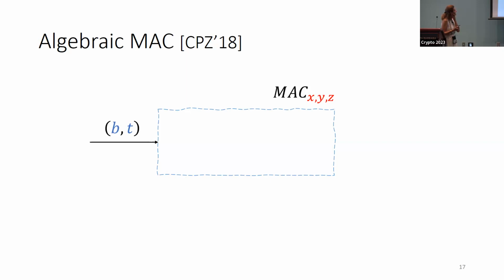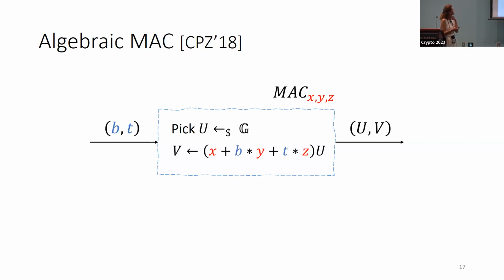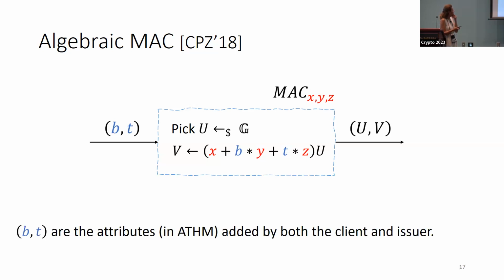The MAC is going to have a triplet of secret keys, X, Y, Z, and the input to the MAC is, let's say, B and T. The algorithm just picks a random group element and then multiplies this group element with the scalar here, which is computed with the secret key of the MAC and the input message. And in our protocol, ATHM, this B and T are going to be the attributes added by both the server and the client.